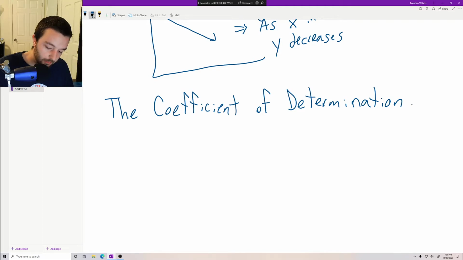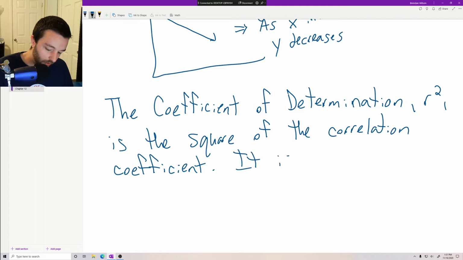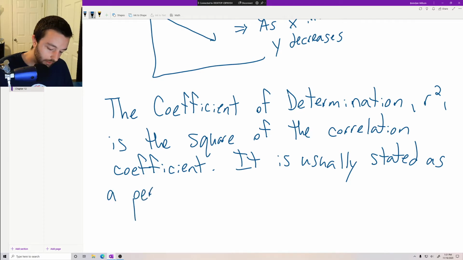The coefficient of determination, R squared, is the square of the correlation coefficient. Remember, this just means R times R, multiplied by itself. It is usually stated as a percent.